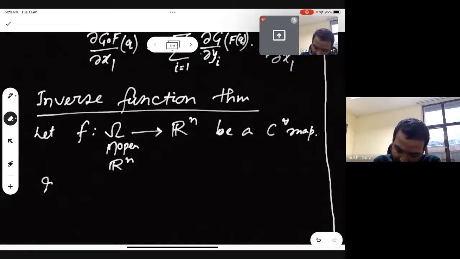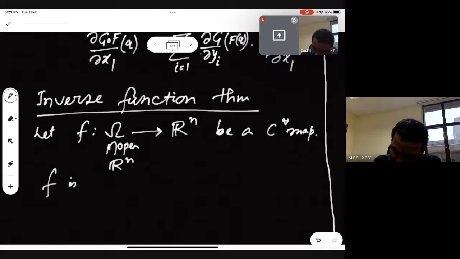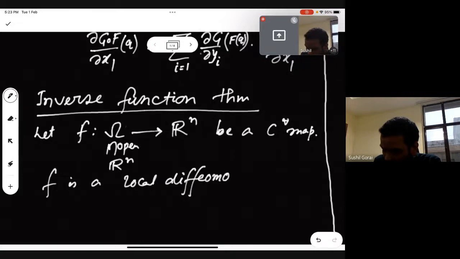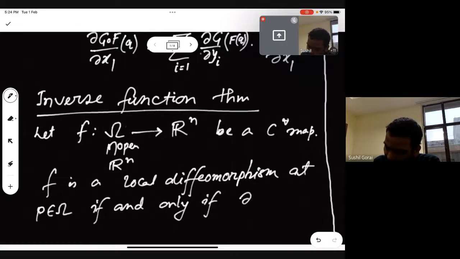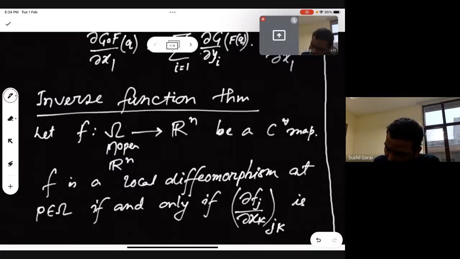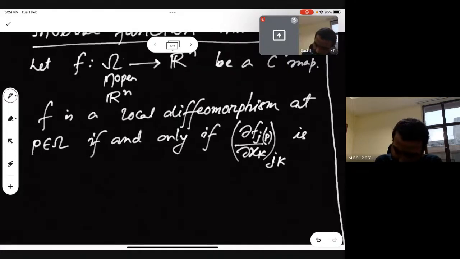If so, f is a local diffeomorphism at P in omega if and only if the Jacobian, the matrix del f_j by del x_k, at P is invertible.